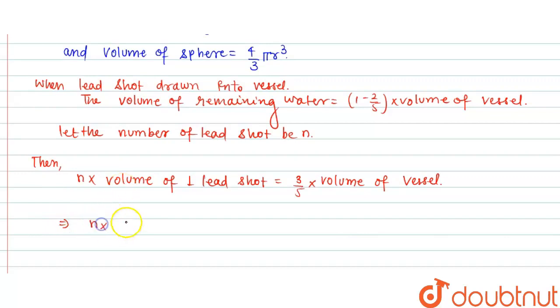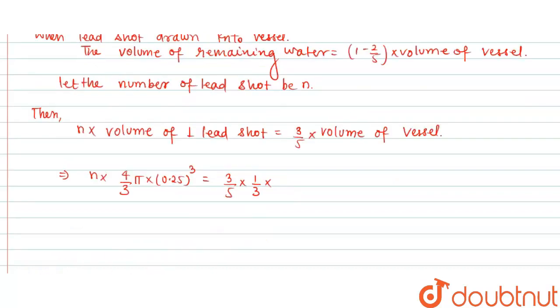So n into 4/3 pi r cube, and the radius is 0.25 centimeters, so 0.25 cube, is equal to 3/5 into 1/3 into pi r square h. So pi into r is 2.5, so 2.5 square into h is 11.